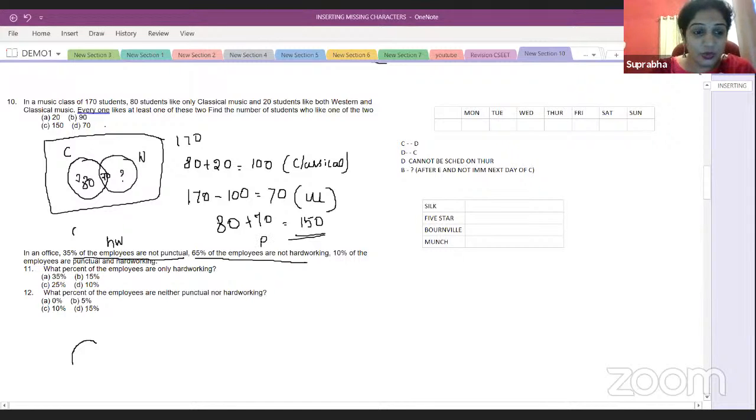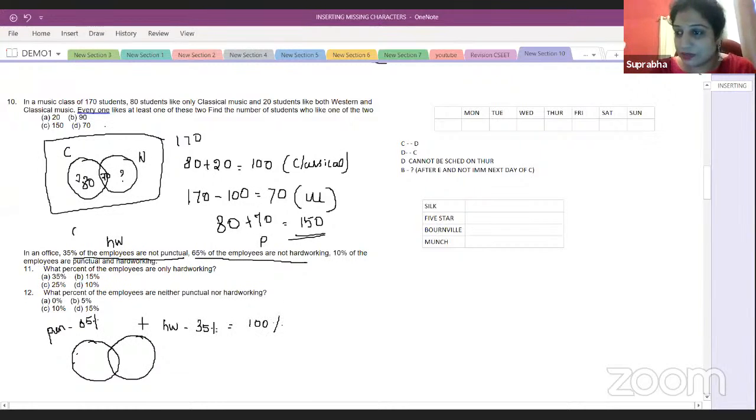Now with this information, I'll put up my Venn diagram. In this Venn diagram, how many percent are punctual? 65. How many percent are hardworking? 35. 35 plus 65, is it 100 percent of employees? Yes, it is.